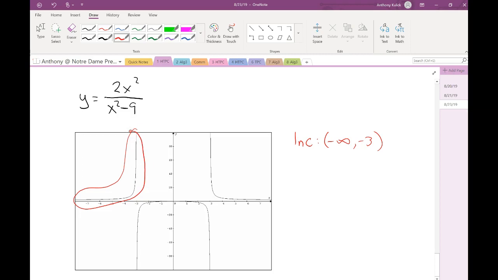Is there another increasing section? Yes, I agree. So we'll do a union and then start our next interval here. What section here is that? Possibly increasing from negative 3 to like 3. Not all the way to 3. Yeah, to 0.